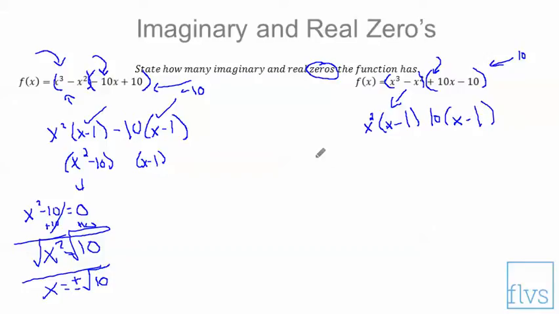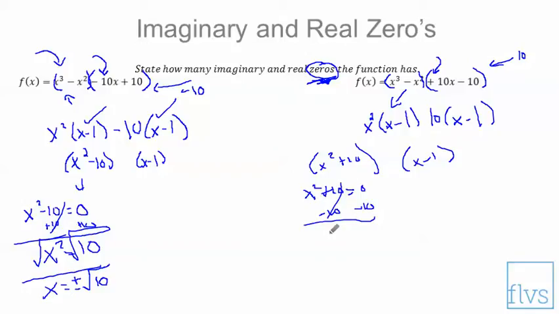So in this case, my factored answer is x squared plus 10 and x minus 1. Again, my objective is to solve for the zeros, so I'm going to set it equal to 0. x squared plus 10 equals 0. I'm going to subtract 10 on both sides, and I get x squared is equal to negative 10. Again, I'm going to square root both sides, and I end up with x is equal to plus or minus the square root of negative 10.